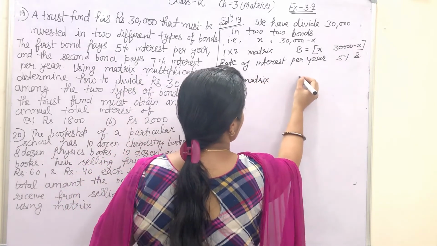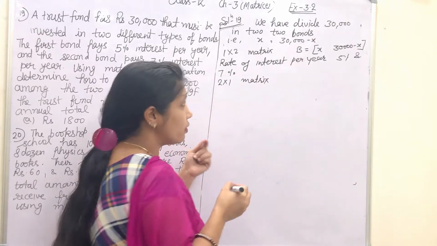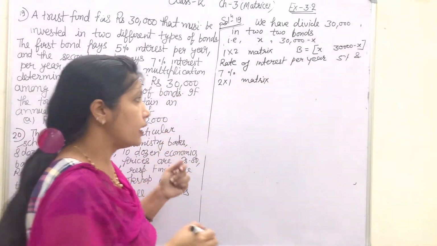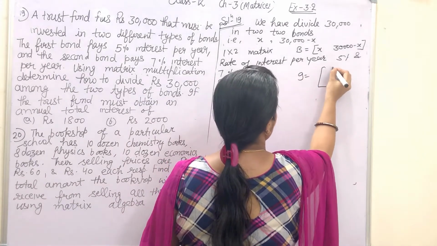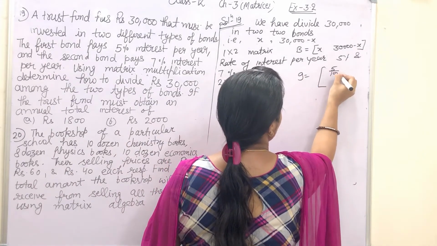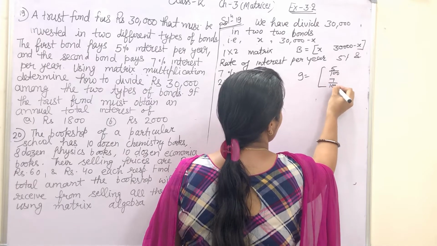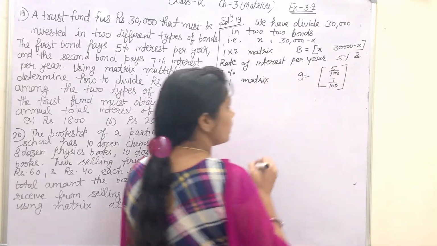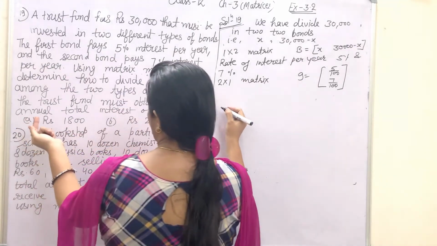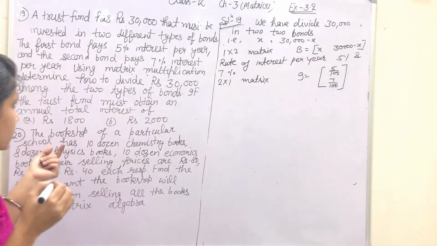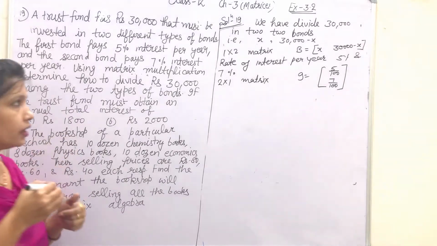It is interest, so we represent our matrix by the letter I. Here I is 5 by 100 for the first bond and 7 by 100 for the second. Now the total interest is rupees 1,800.